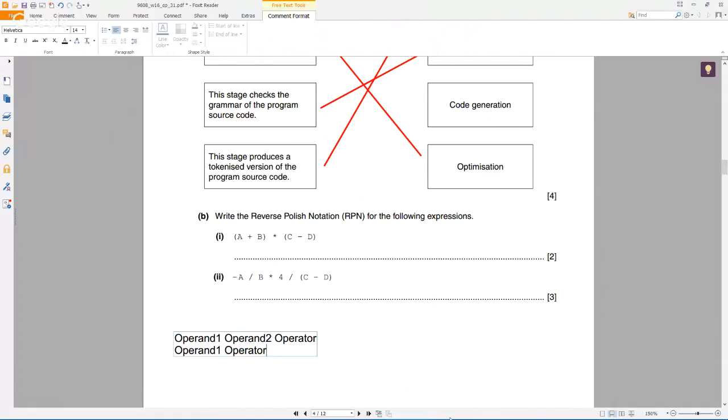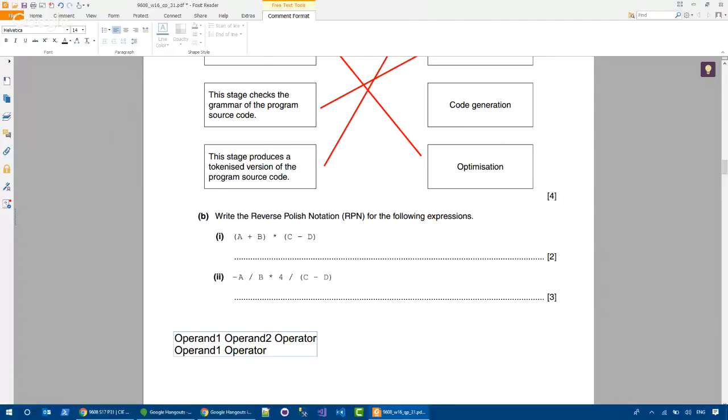So if you want to evaluate the expression, you can just scan through the list of operands and operators, and as soon as you reach an operator, you already have all the information you need to evaluate. But we'll get there in the next questions. Here we need to convert this infix notation to reverse Polish notation.